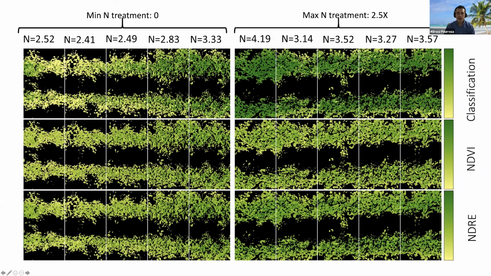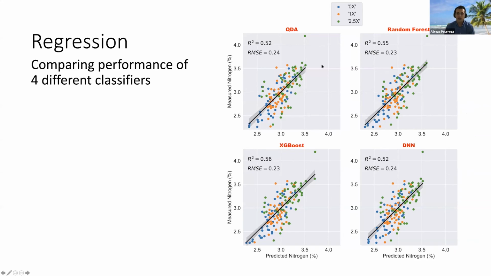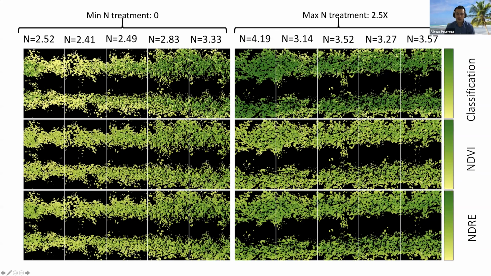And we can see that in classification, we can do a better prediction of pixel values. For example, the pixel values on the edge of the canopy are younger, so they have lower nitrogen, and in the classification, we can see that they appear less bright. More bright means less nitrogen. But we can't see that in NDRE or NDVI.